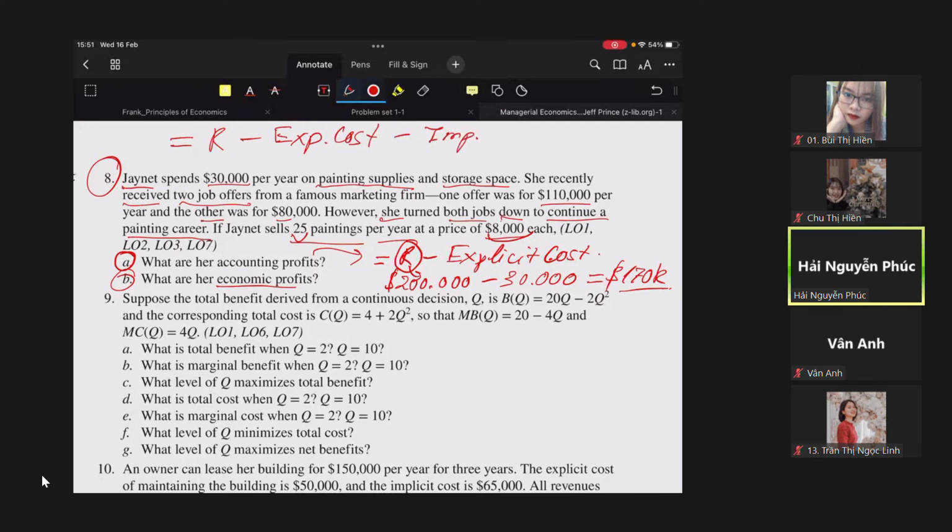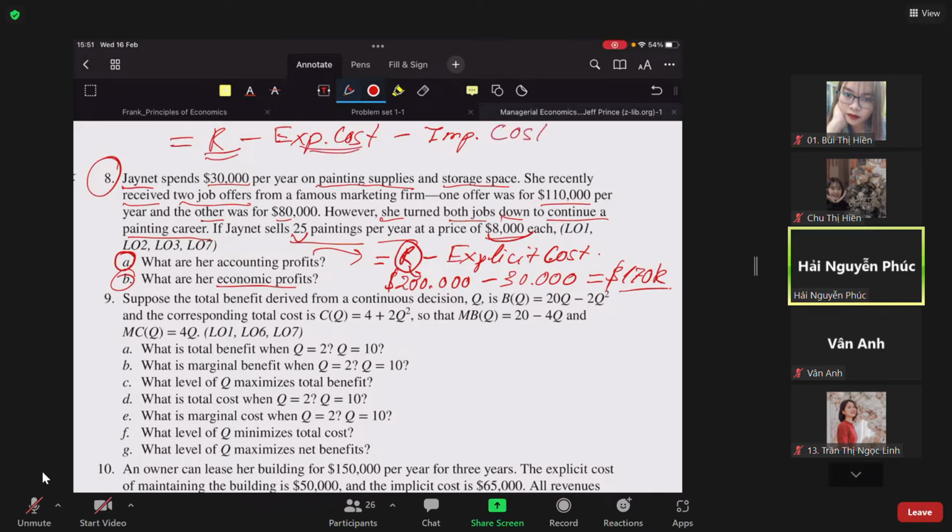You already know the revenue. You already have information about explicit costs. So what about the implicit cost? How much implicit cost do we have in our example? What do you think?